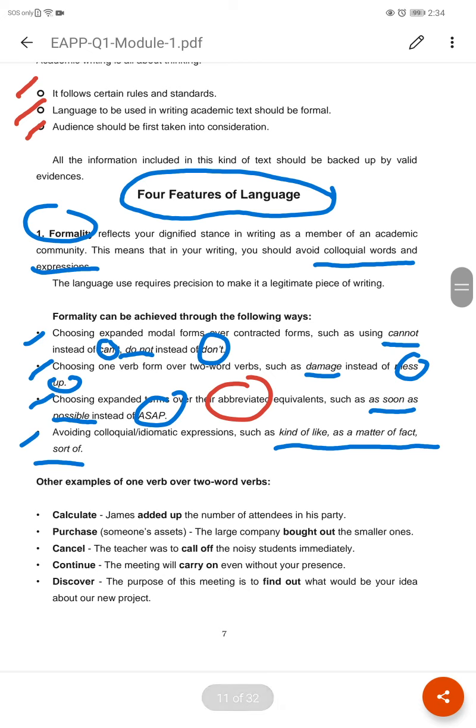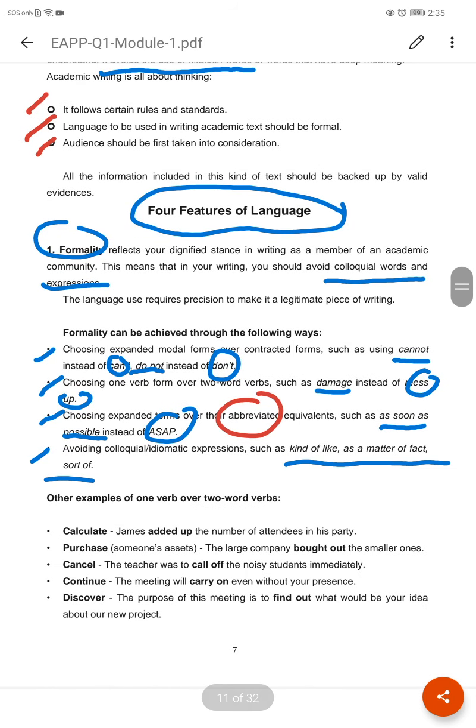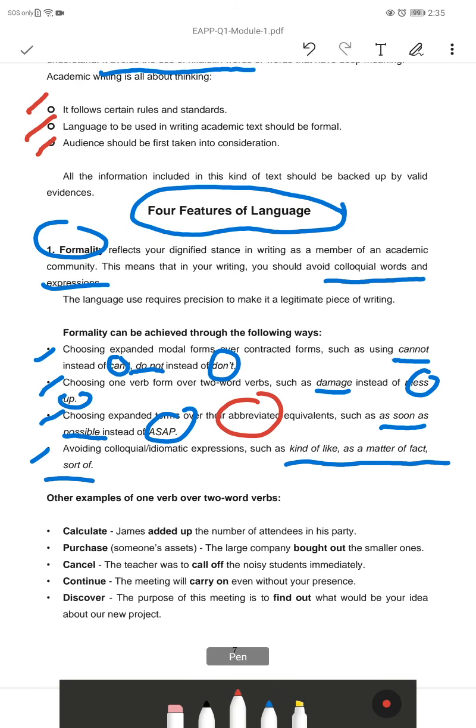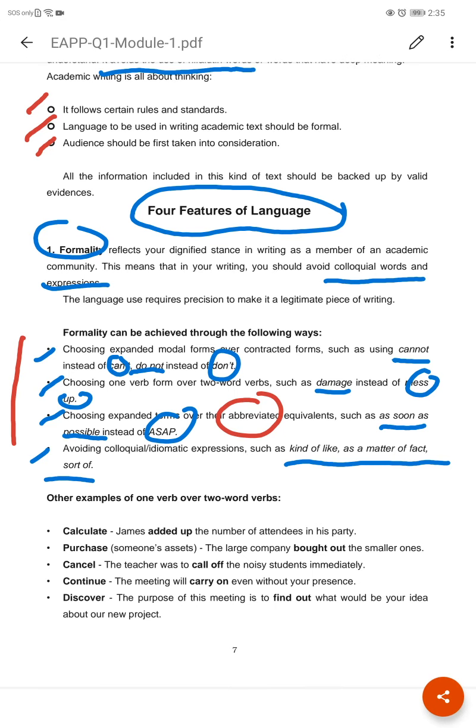So do not use these words in your academic writing. Again, these are the four ways we can achieve formality in our academic writing.